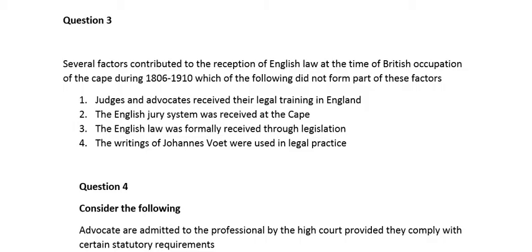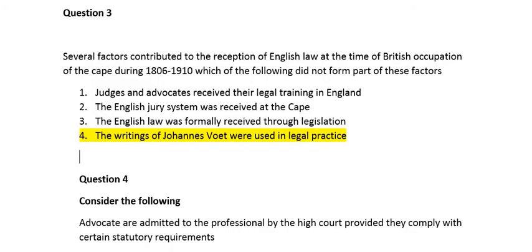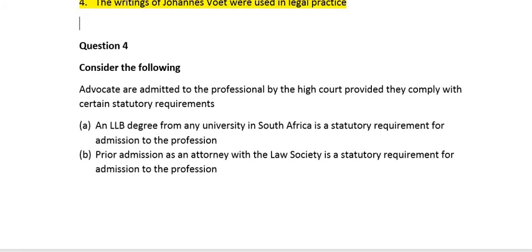Number 4, the writings of Johannes Voet were used in legal practice. So guys, here the correct answer is number 4, which says the writings of Johannes Voet were used in legal practice. So guys, next time I will try explaining so that you'll understand better. Because of time, guys, there's no time for explaining. So let's go to question number 4.